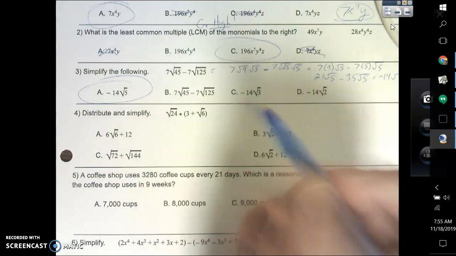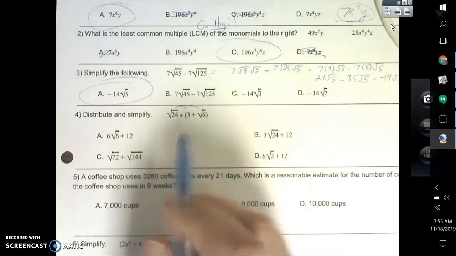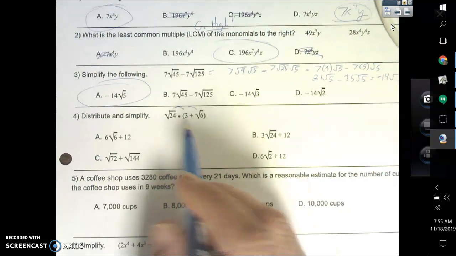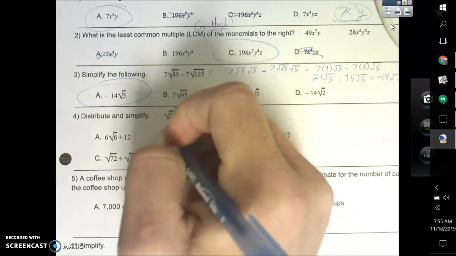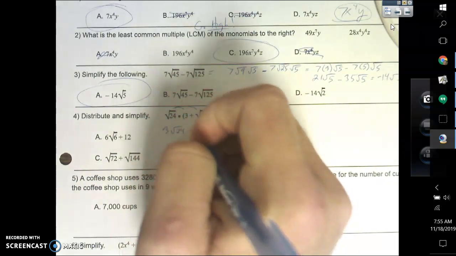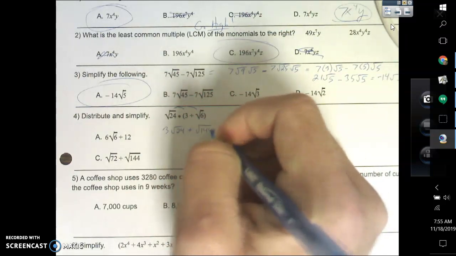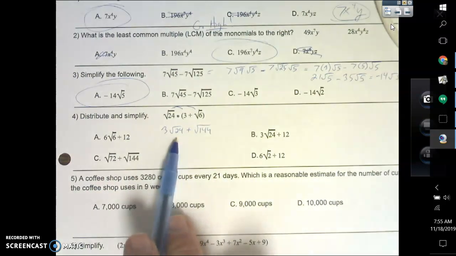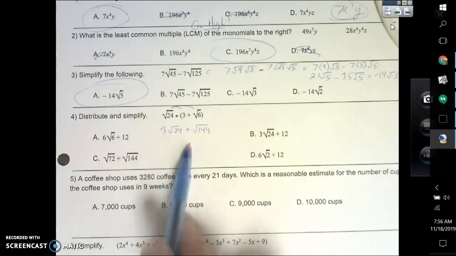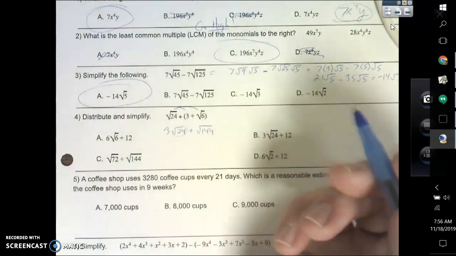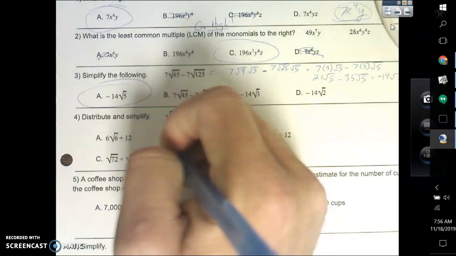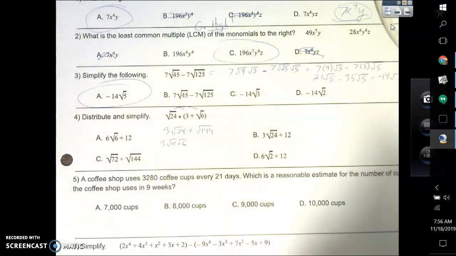Moving right along, you can distribute this in. You can only multiply numbers that are under the square root together. So 3 root 24 plus 24 times 6 gives you 144. 3 root 24, you look to see if any perfect square can go in there. And indeed 4 can go in 6 times.